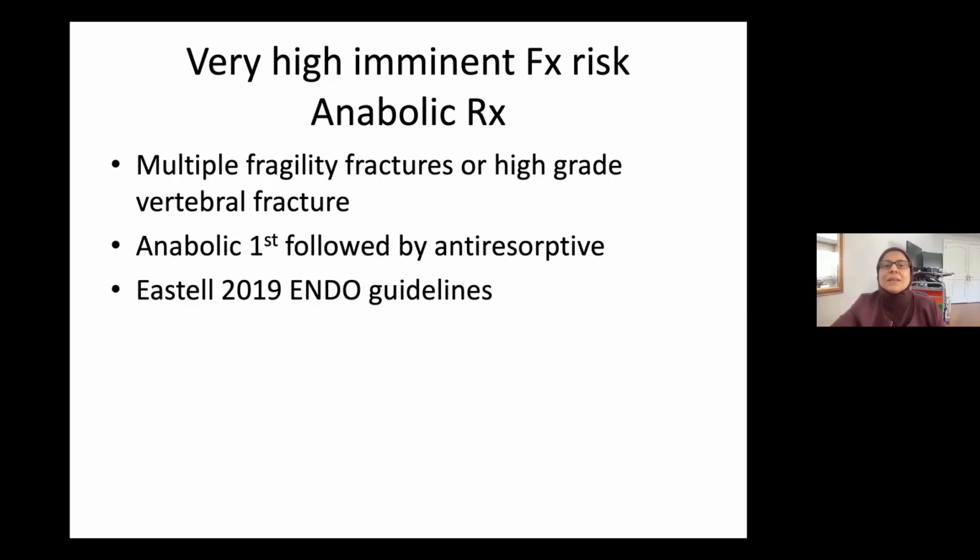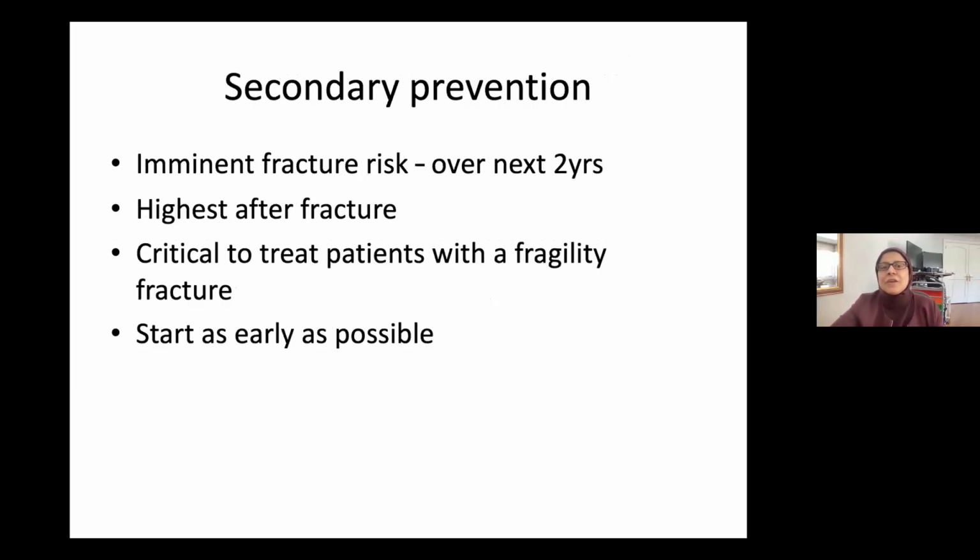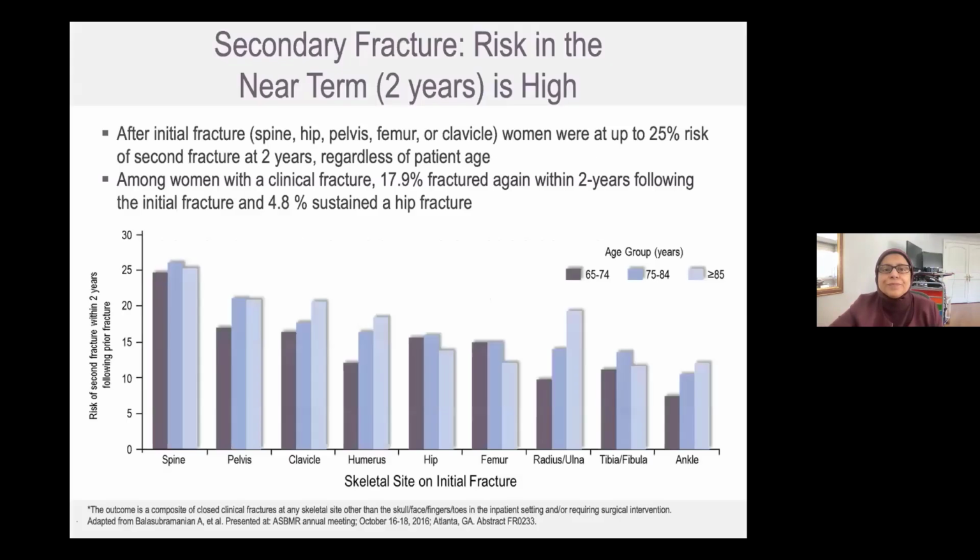And we anticipate that it will also have the same emphasis on being aggressive in someone who has had a fragility fracture. Because if you've had a fragility fracture, the imminent risk of fracture, which is your risk of fracture over the next 2 years, is highest in the next 2 years. And it could be as high as 1 in 4.